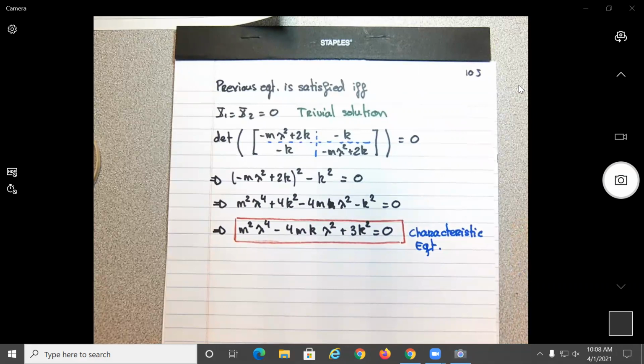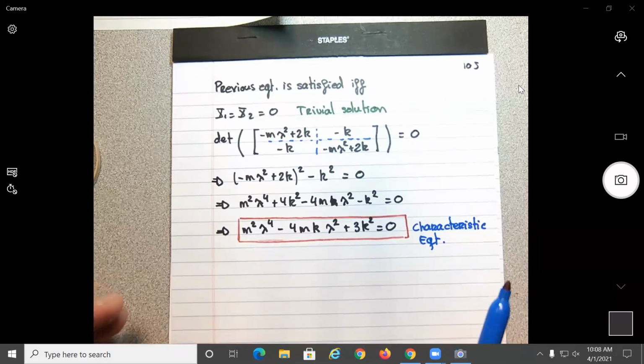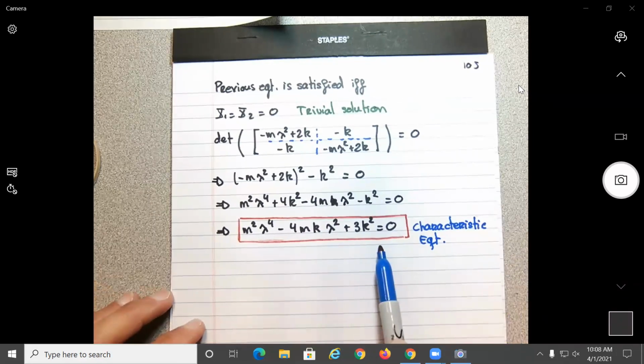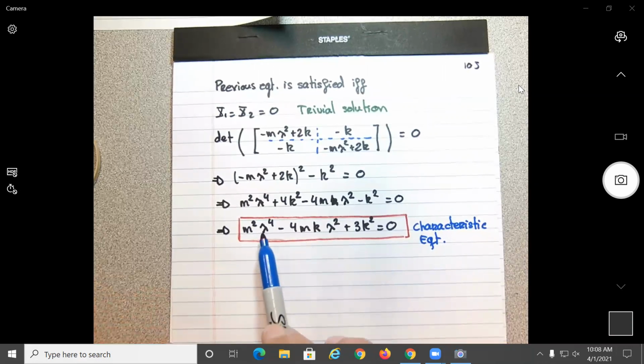Okay, so now what do we need to do? We need to solve this quadratic equation. Really, it's called a bi-quadratic because here what will be our variable? Our variable will be lambda squared, no?